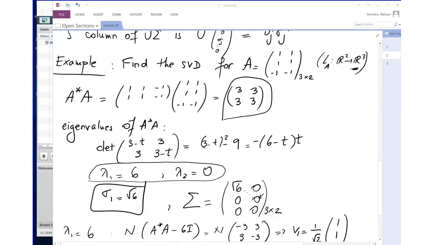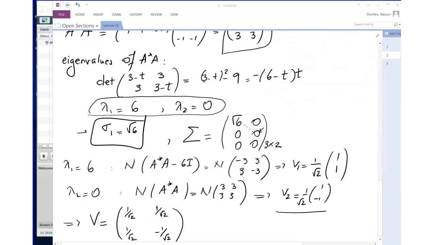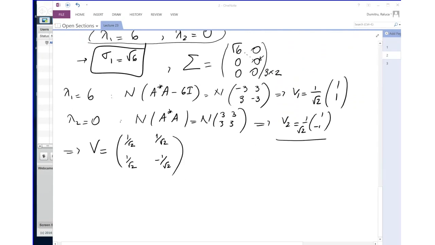They are connected to the V's through the sigmas, but we only have one sigma. So L sub A of V1 is sigma 1 U1, so this will help us find at least the first vector.